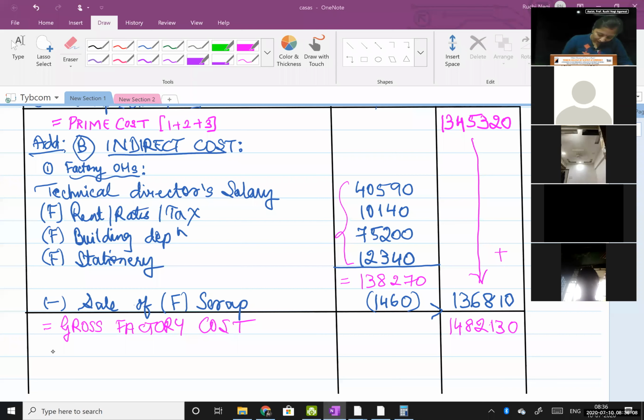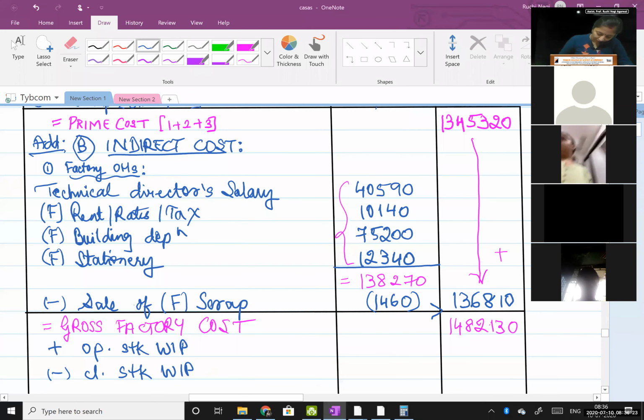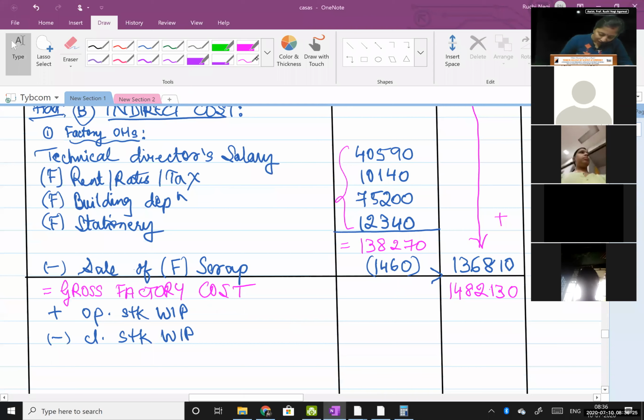Fine. Next, add opening stock of WIP less closing stock of WIP. This will give me net factory cost.